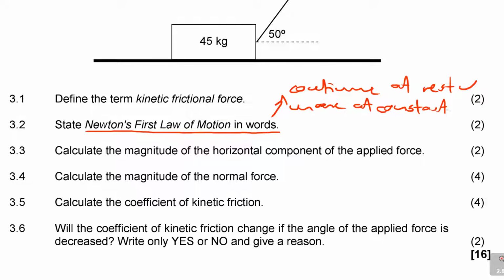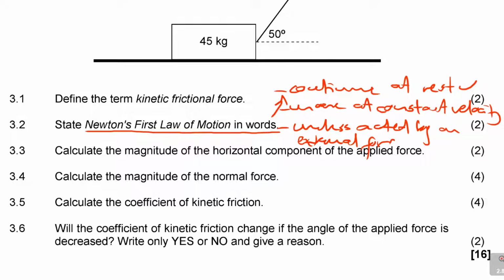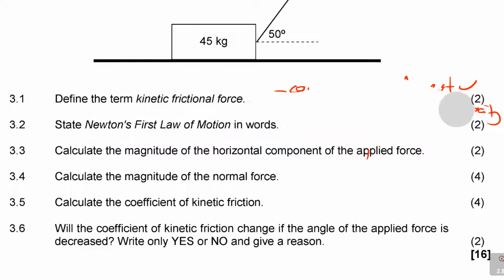It will move at constant velocity. And that's the first part. Secondly, unless acted on by an external force, or unless there is a net force on the object. Unless there is a resultant force. So again, you need to know your definitions.